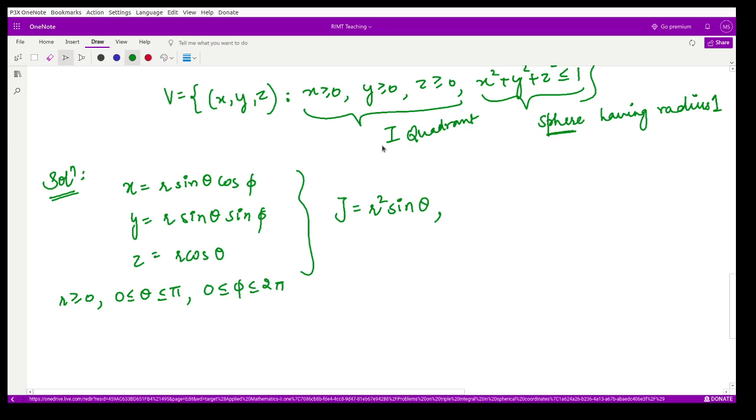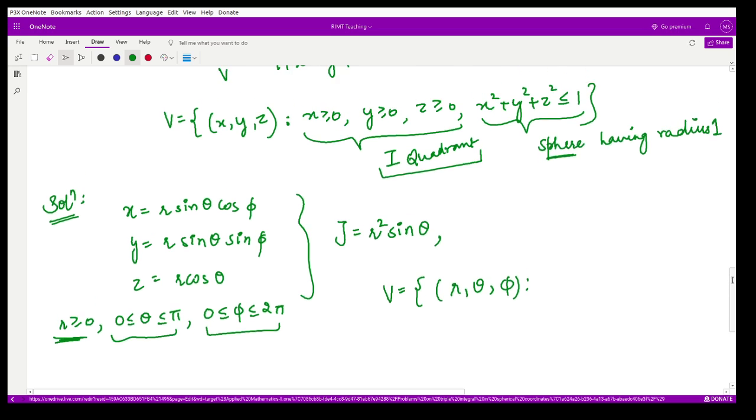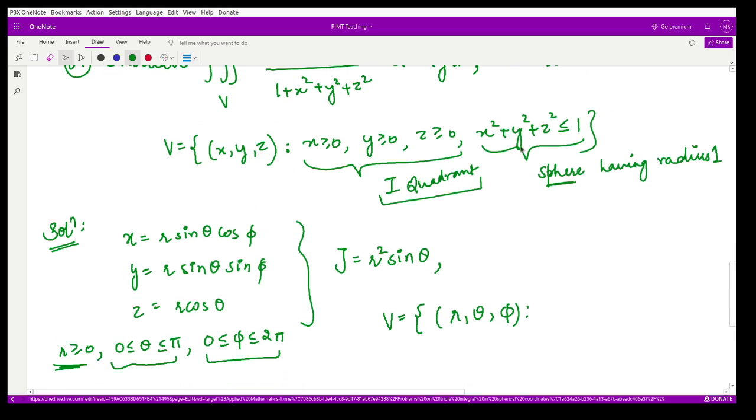But here, because we are in the first quadrant, your angles theta and phi would change. So what would be your region in terms of r, theta and phi? It will consist of all the points r, theta and phi, such that r lies between 0 to this sphere. And what is this sphere? You already know x square plus y square plus z square is equal to r square.